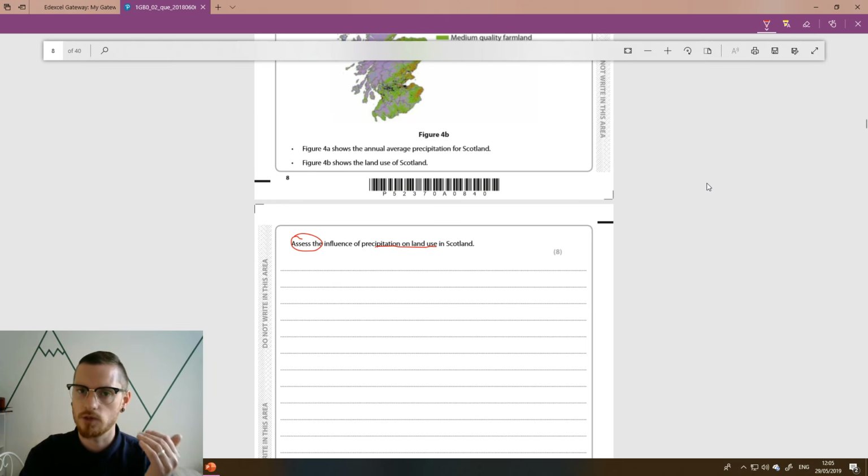Don't forget, precipitation can be snow, hail, sleet, or rain here. So we've got analyze and assess, and our structure is highlight those command words, underline the key geographical phrase, precipitation on land use. They want you to keep going back to that. And then third off, we're going to plan our answer. So I would like you just to annotate what your three different ideas are going to be, your three factors for your three different paragraphs.